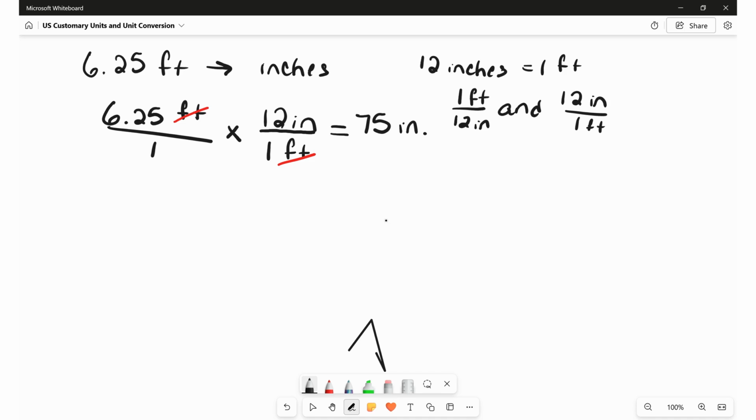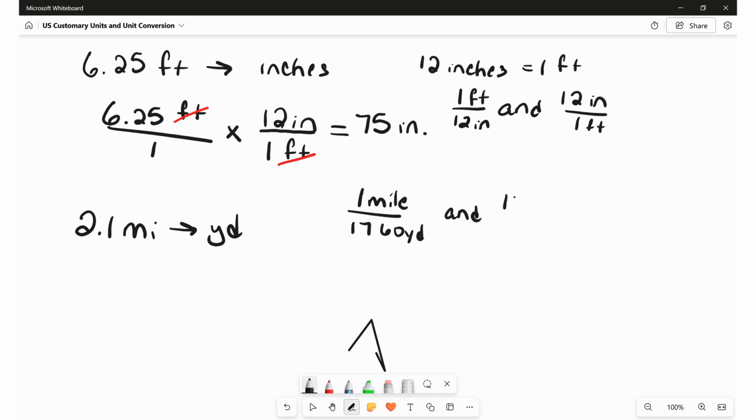Let's try that again. Let's convert 2.1 miles to yards. The two ratios that we have are 1 mile over 1,760 yards, and 1,760 yards is the same as 1 mile.